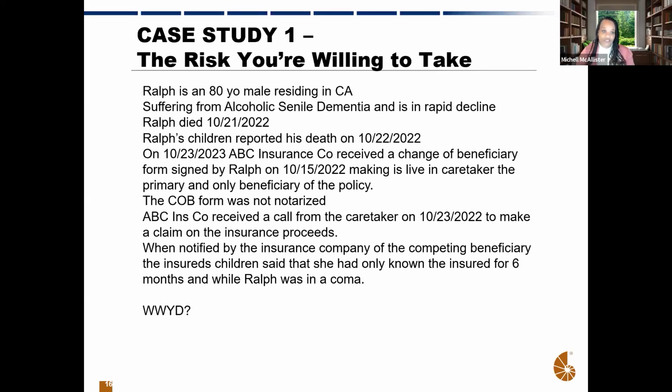Well, this particular insurance company decided that the risk they were willing to take was that they'd take the risk of having to pay out this $5,000 insurance proceeds twice, rather than have one of these competing beneficiaries take them to court, the judge see and understand the circumstances.